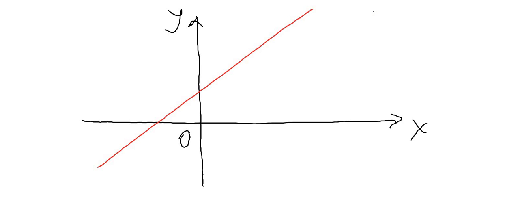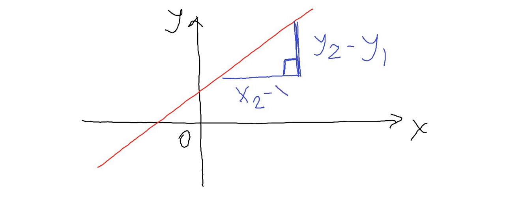Alright, so what is the slope of this line? The slope is really the angle at which the line is from the horizontal, which is this vertical distance, which is y2 minus y1, and the horizontal distance, which is x2 minus x1.